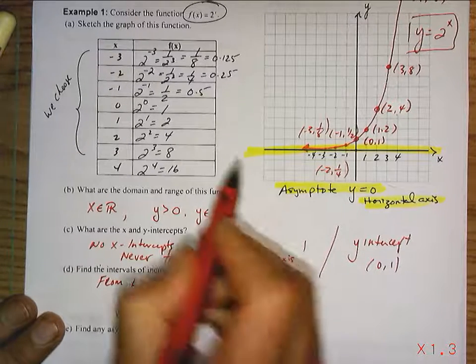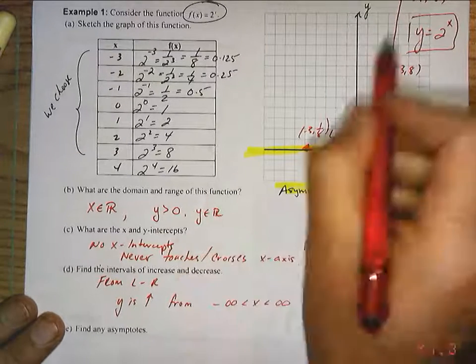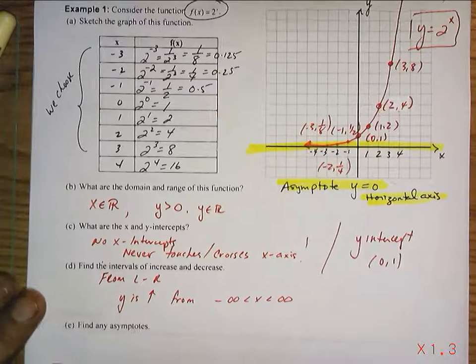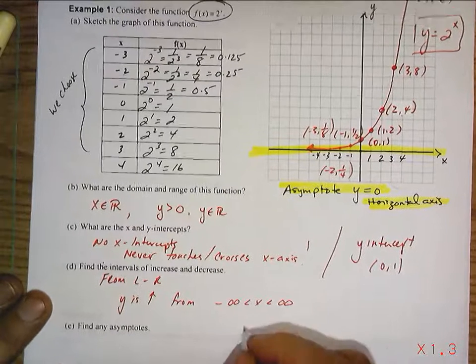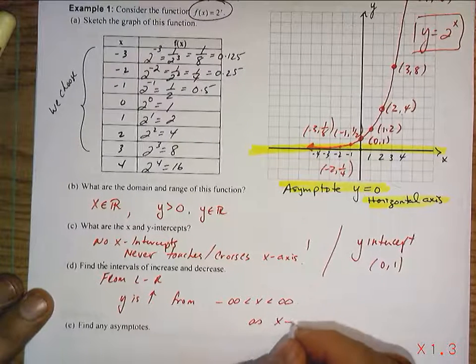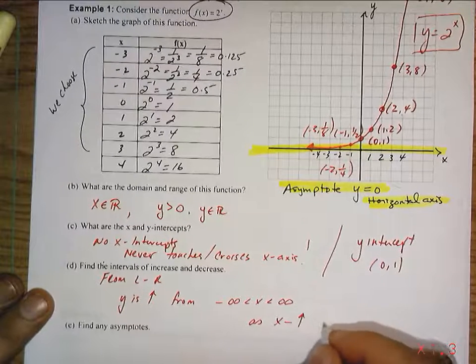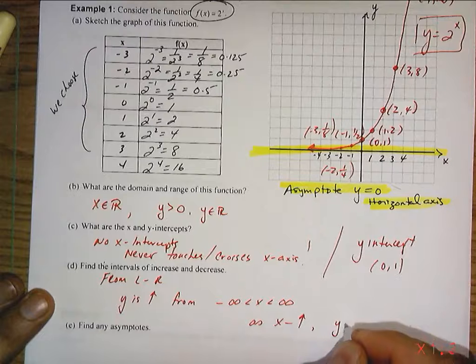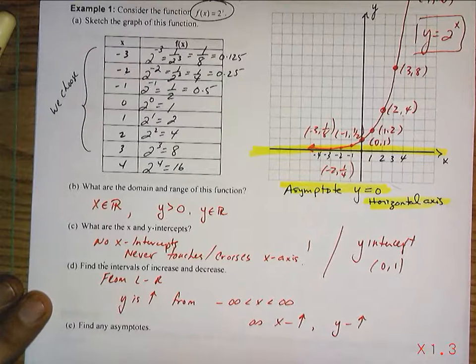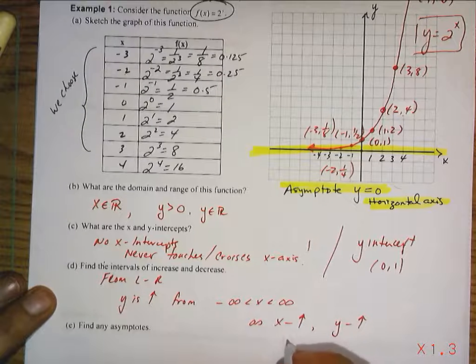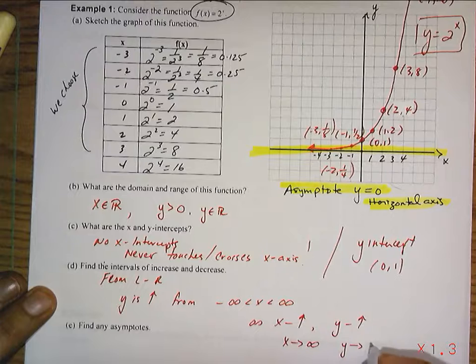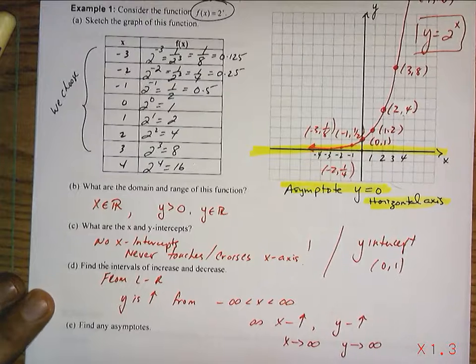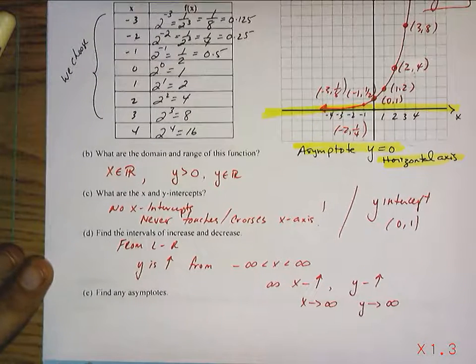So as x gets larger and larger and larger positively, so does y. One way of saying that is, as x increases, y increases. Another way to say that, sometimes people say, as x approaches positive infinity, y approaches positive infinity. All of these say the same thing.